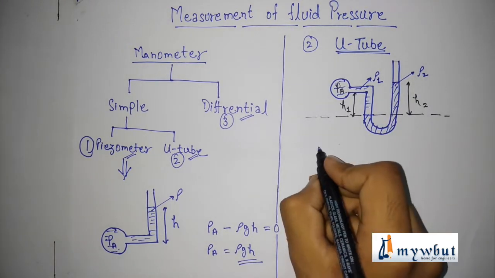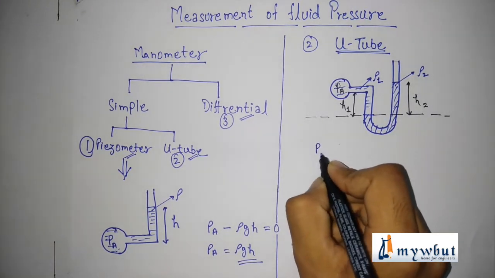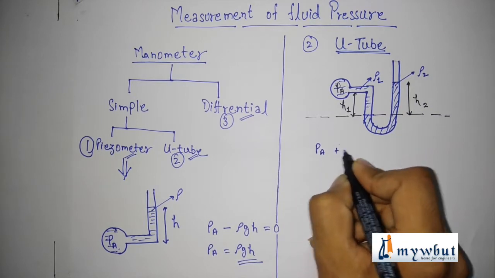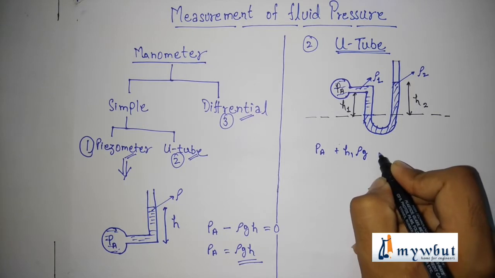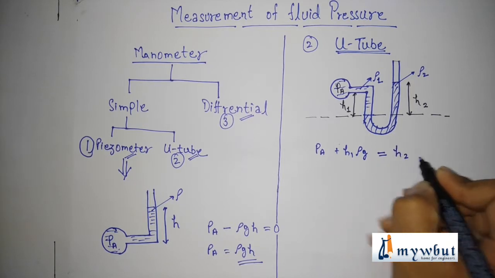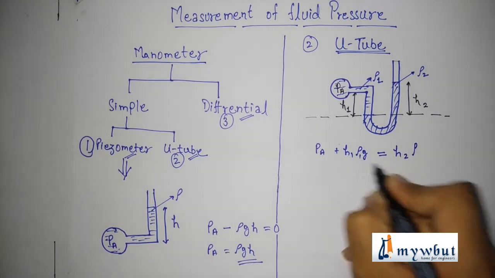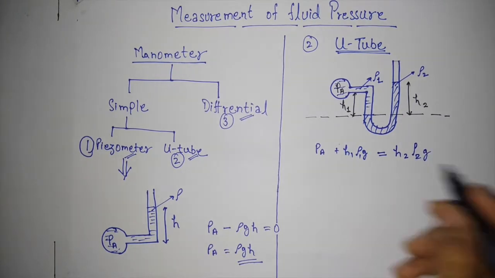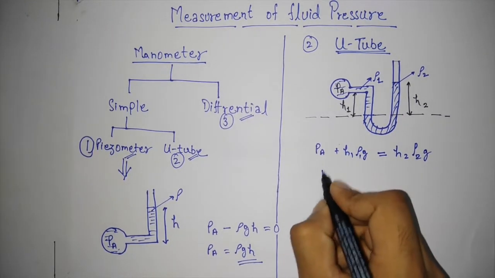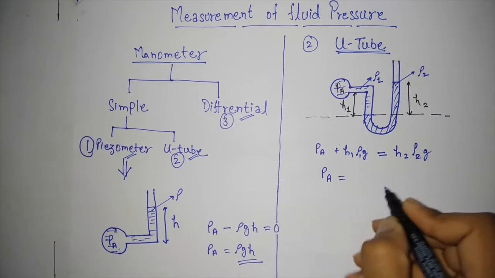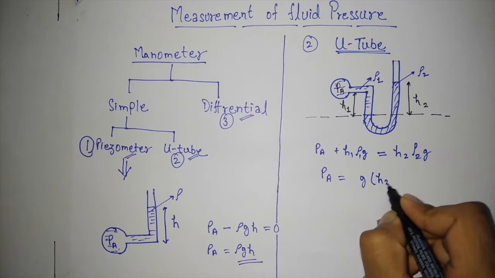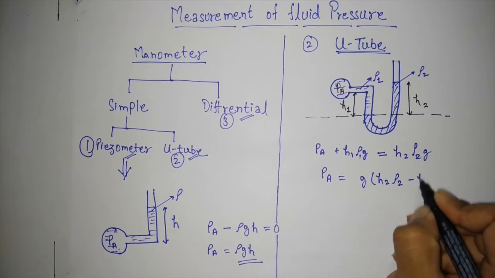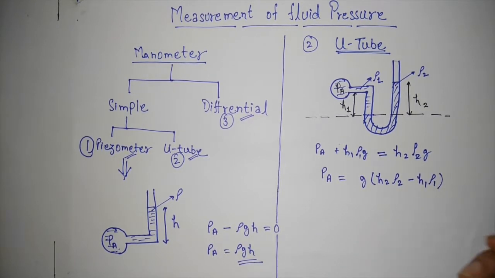Then the equation is written as PA plus H1 rho 1 G will be equal to H2 rho 2 G. Now from here we can find the value of PA as G into (H2 rho 2 minus H1 rho 1).